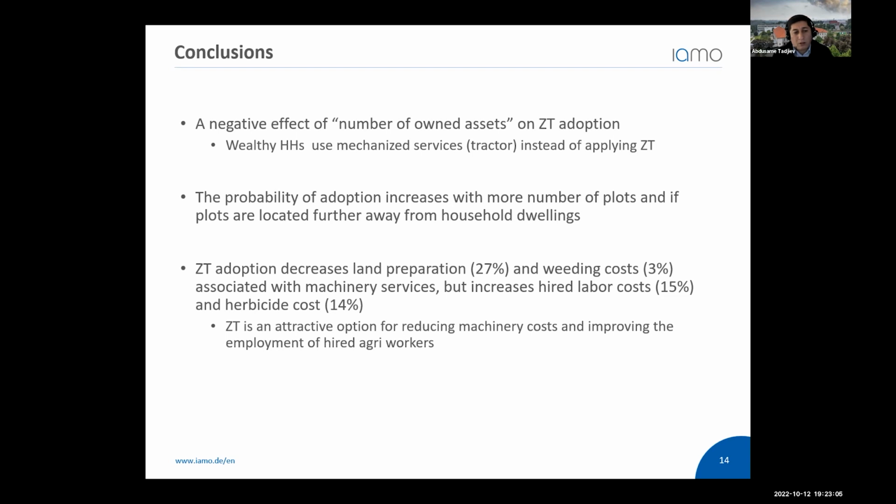Results also show that zero tillage adoption will decrease land preparation and land weeding costs, but increase labor costs and harvest costs. So we conclude that zero tillage may be attractive for reducing machinery costs, but it will not improve labor costs among households in Kyrgyzstan.